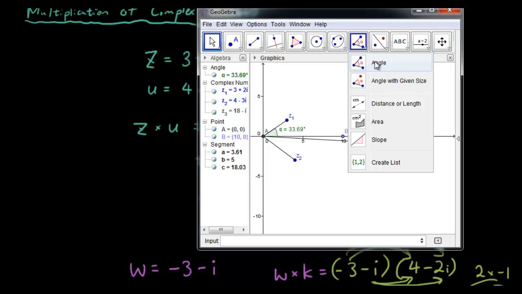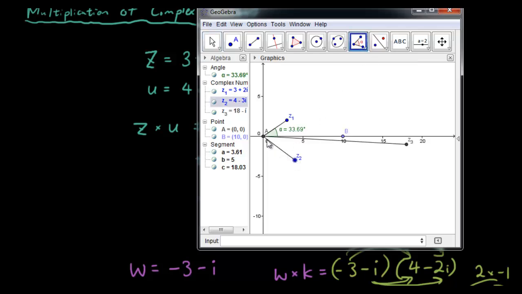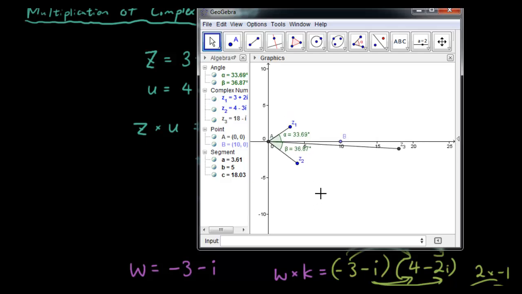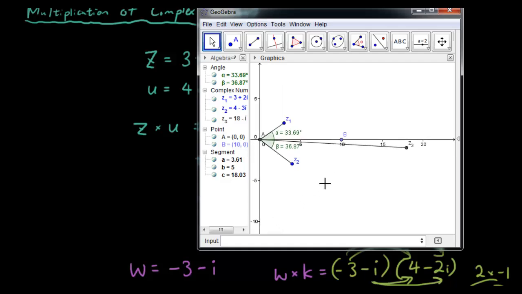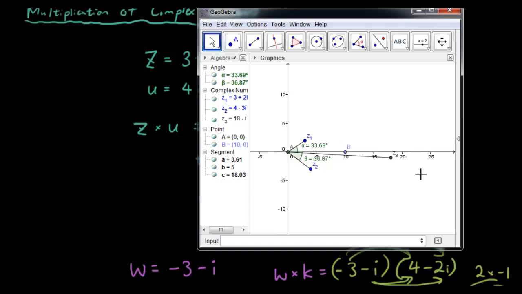And now let's get the angle between z2 and the x-axis. It's 36.87. Remember that this angle is calculated with respect to the x-axis, which has an angle of 0.